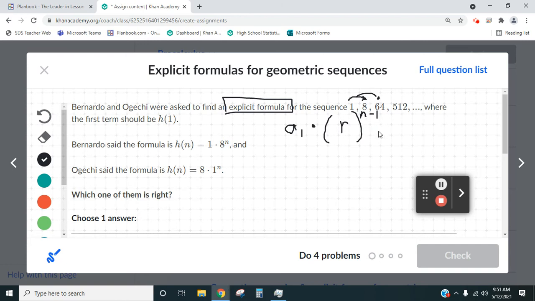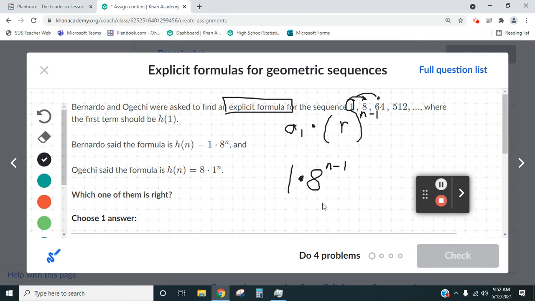That's n minus 1. So your formula here should be 1, because that's the first number, times 8. What power? Good. That should be our formula.